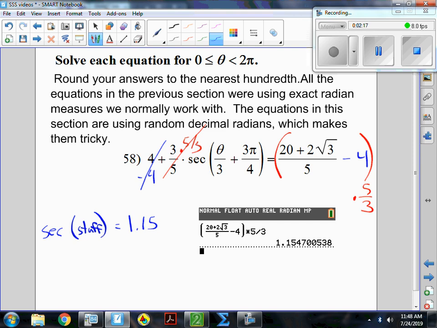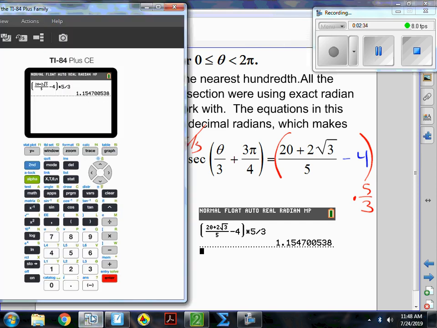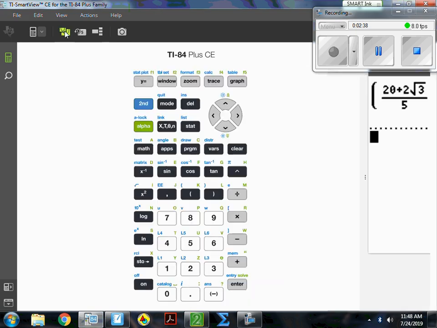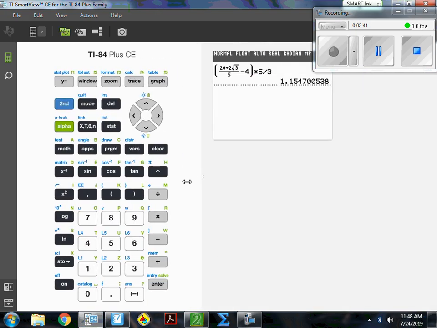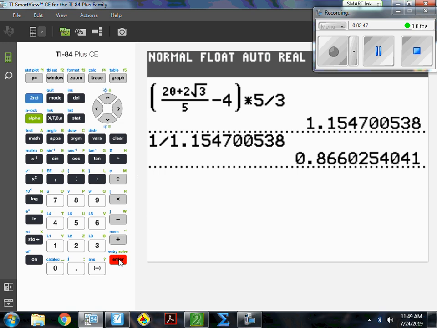Secant is the reciprocal for cosine, so 1 divided by secant, which would be cosine of that stuff, is going to equal 1 divided by 1.15. So I'm going to do 1 divided by that answer. So 0.866.